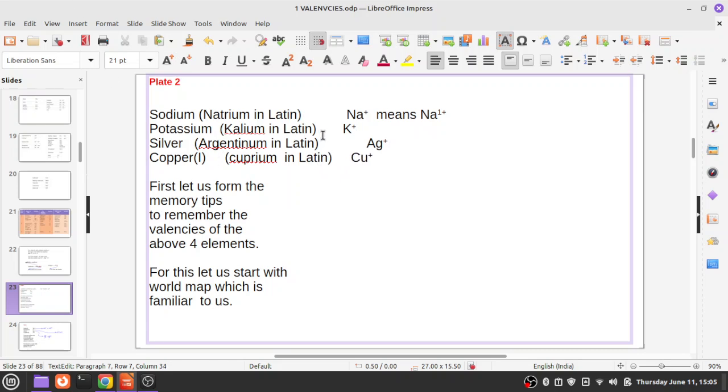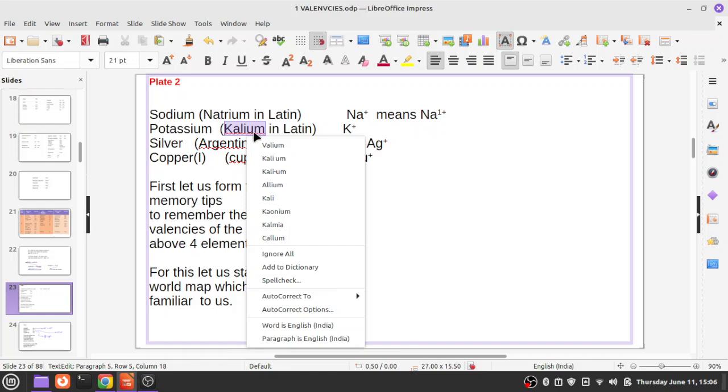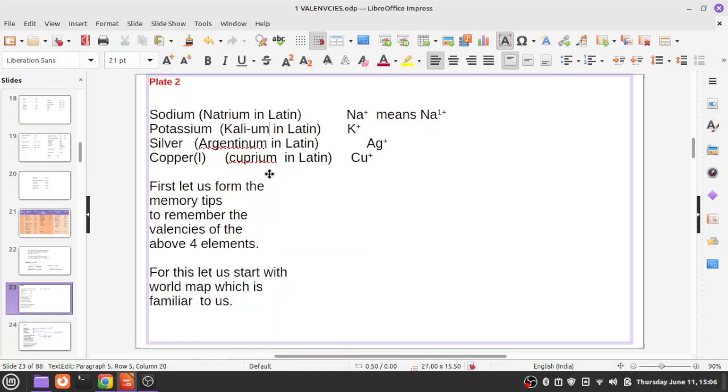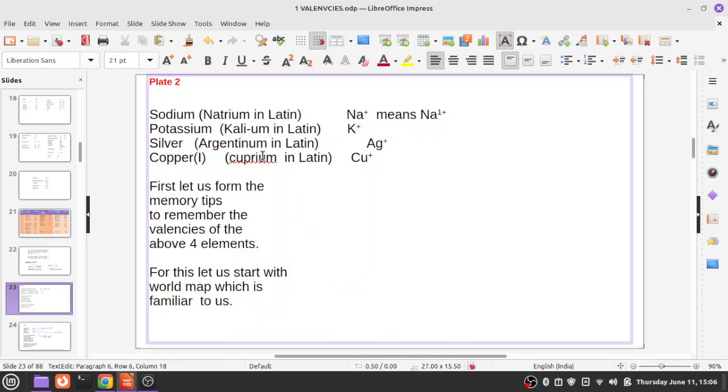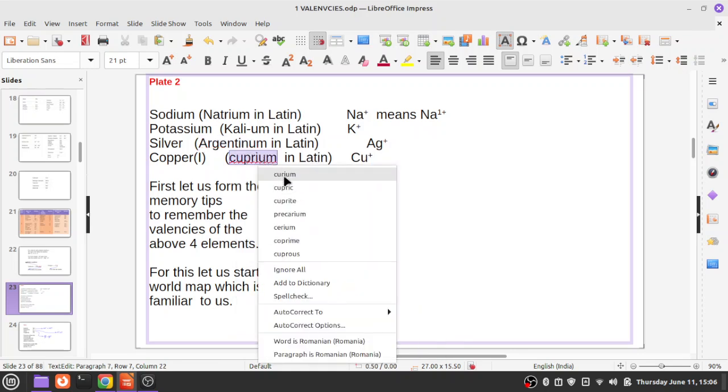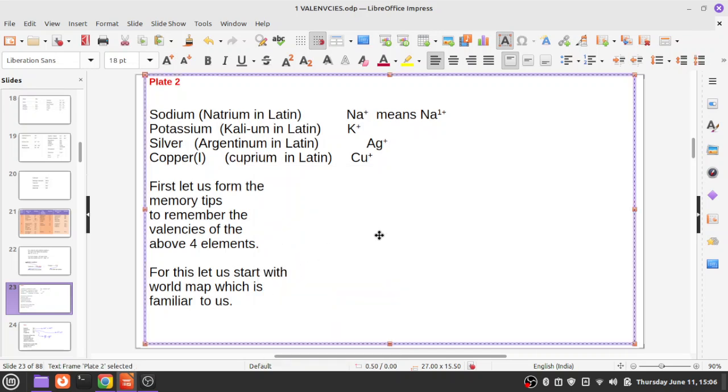Let us see that. Kalium, argentum, cuprum.